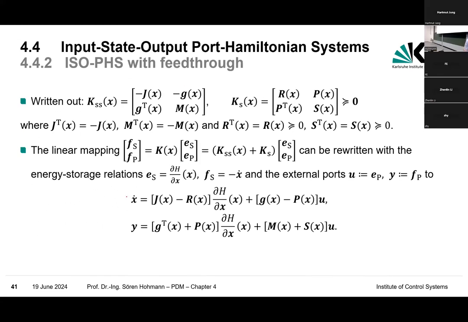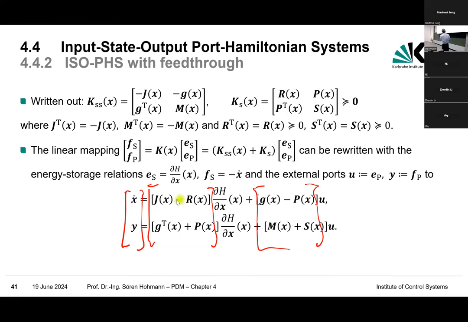Here's the mapping. So this is one. Here you see the matrices times x, and here you see again matrices times u. It's exactly that. So with that, you see we can split the linear mapping into these two parts.